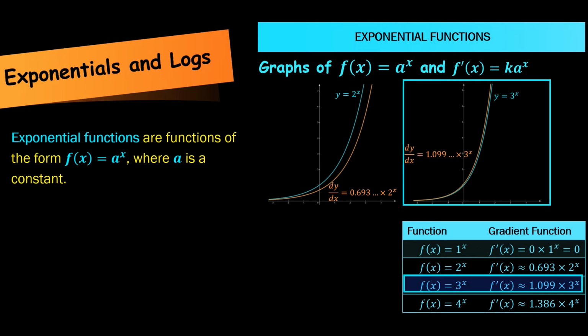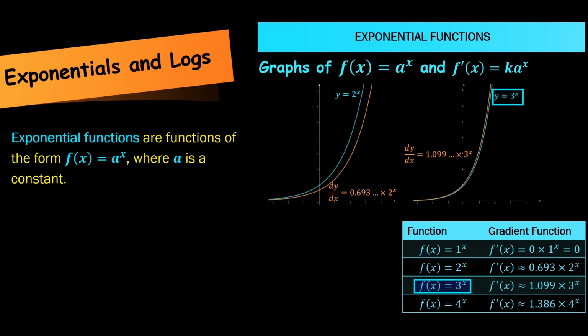For y equals 3 to the power x, or the other notation f of x equals 3 to the power x, we have the derivative as shown, and notice this time the derivative is above the function. Here's y equals 3 to the power x, and here's f dashed of x, or the derivative.